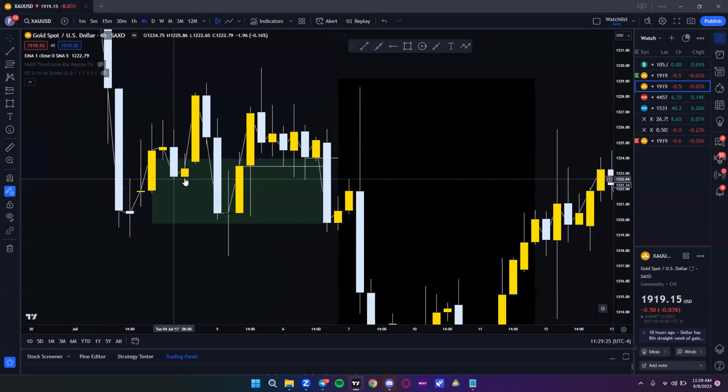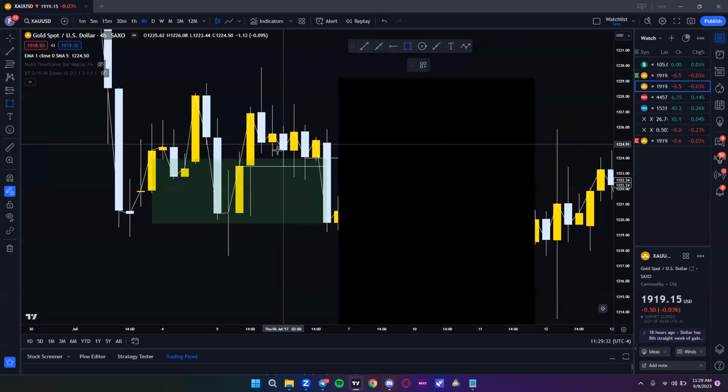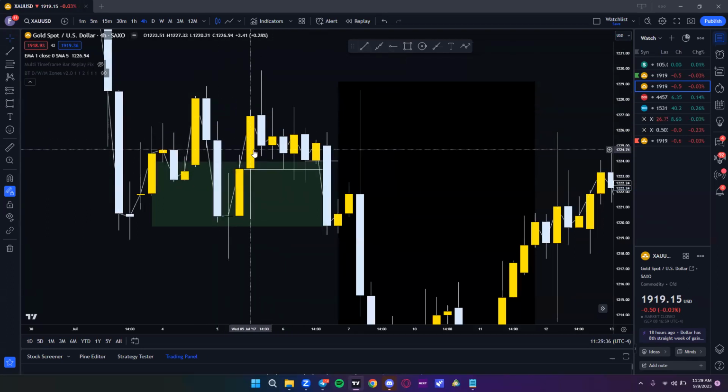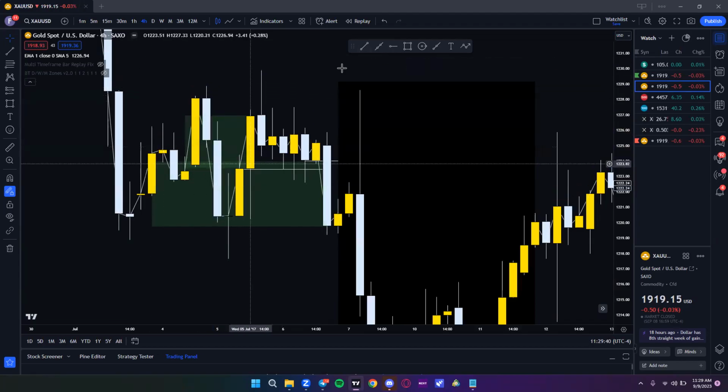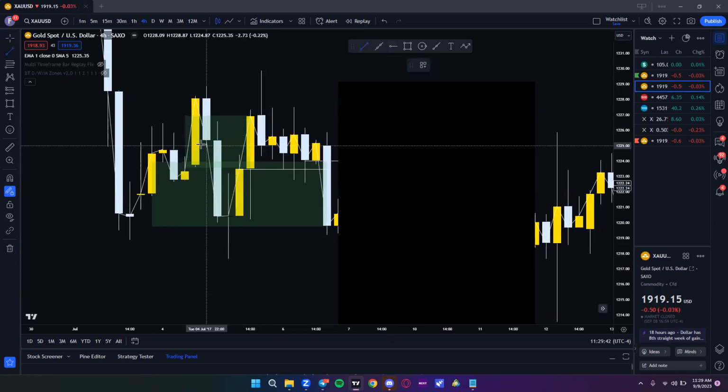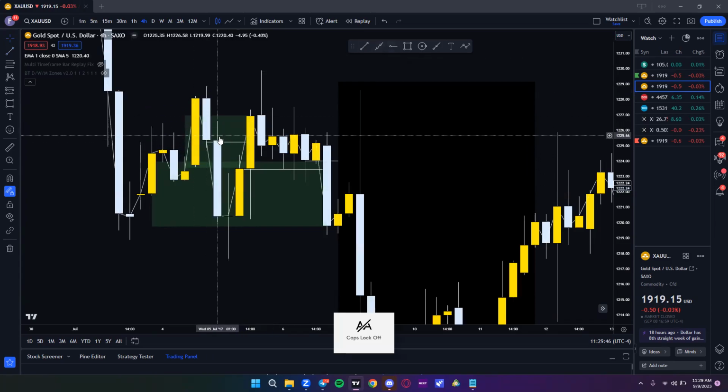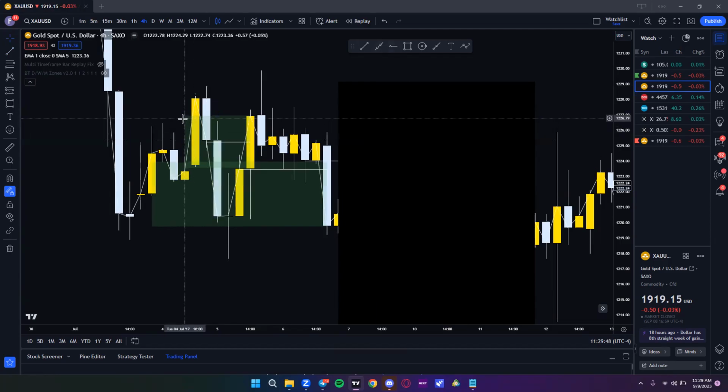This decision level is important because you'll see again that this decision level closed above this one right here, right? So let's look at this again.